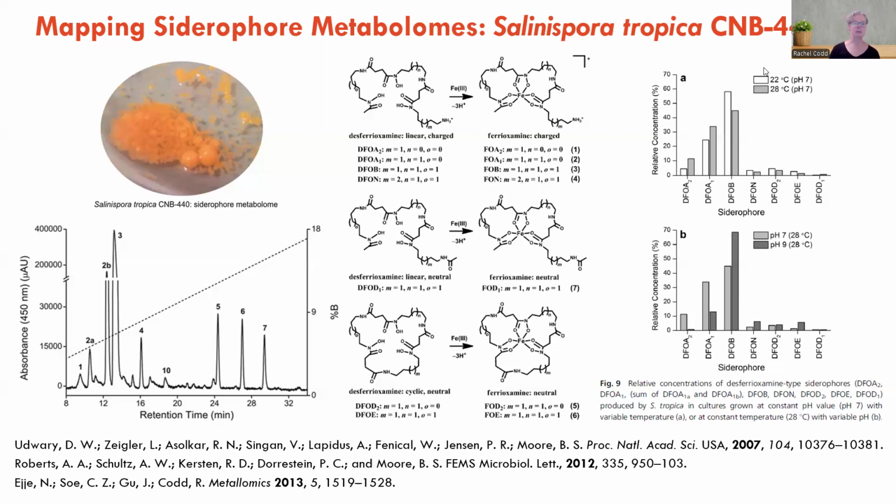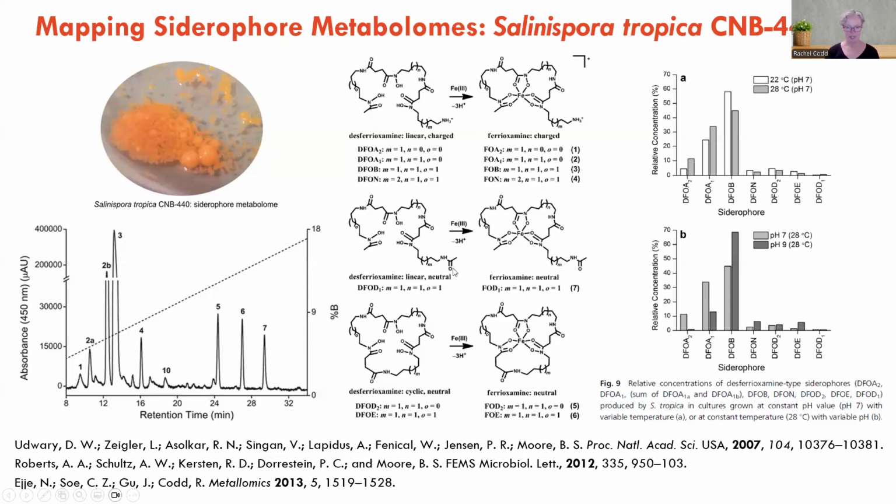So we obtained some of the bacterium and cultured it, and it's got a really interesting cell morphology. Then we took the supernatant and used IMAC to purify out the siderophores and ran an LC trace. What you can see here is that this particular bacterium does produce a large range of siderophores, which was quite surprising to us.